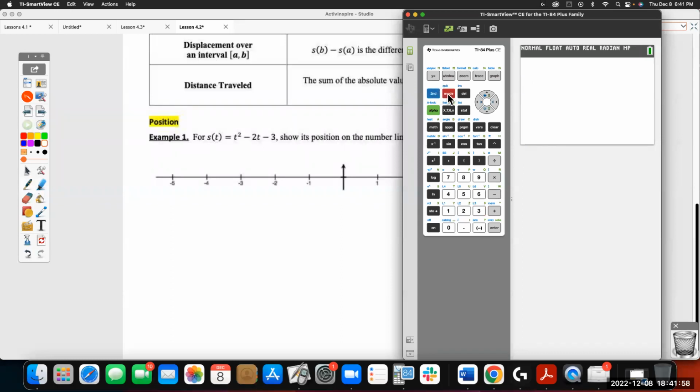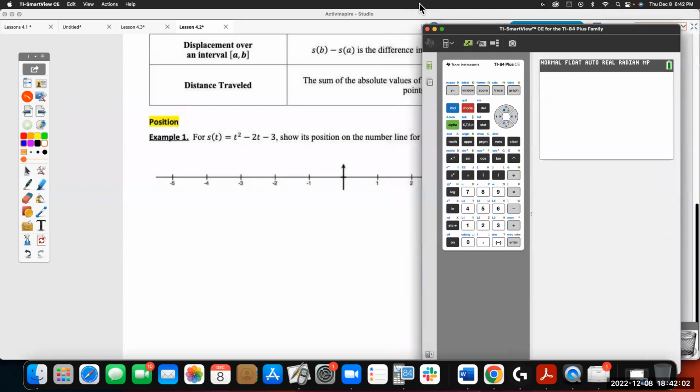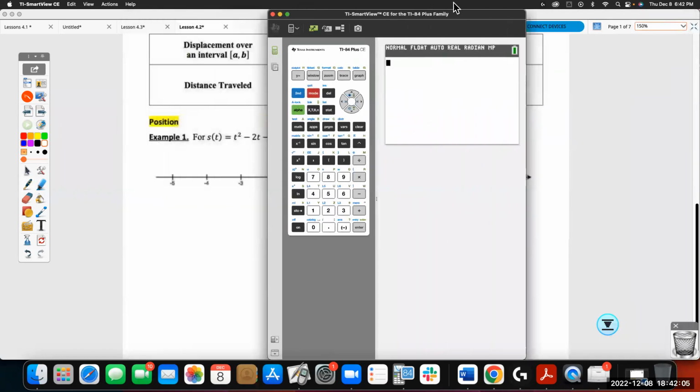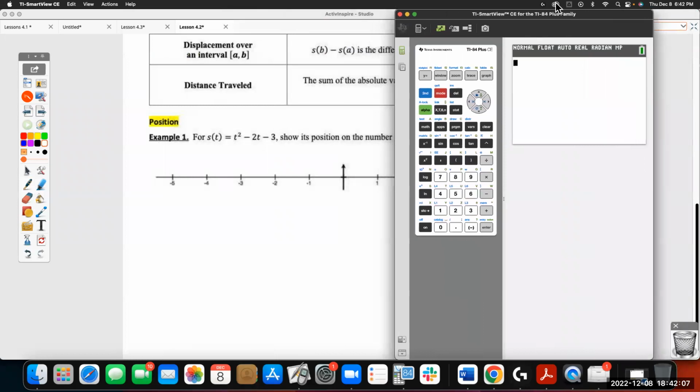And let's get out of that. And then we will evaluate this function at t equals 0, 1, 2, 3, and 4. You can go to vars, y-vars, function y1, and then we'll plug in 0. And that's the value. And then you just do second enter, and you can change that into 1.